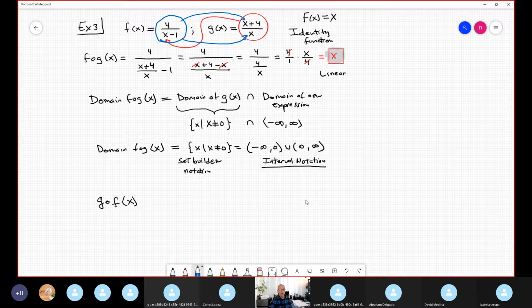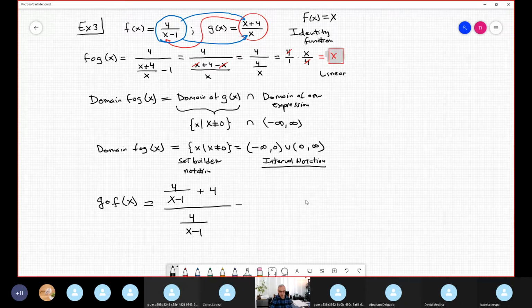In other words, you replace the x of f with the whole g. So instead of x, we have 4 over x minus 1 plus 4 divided by 4 over x minus 1.